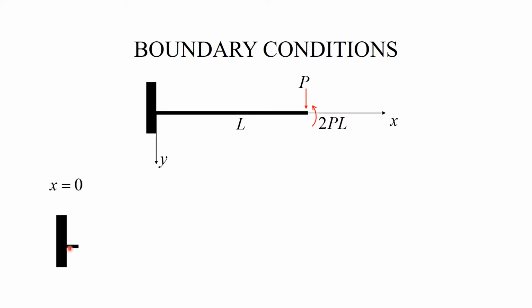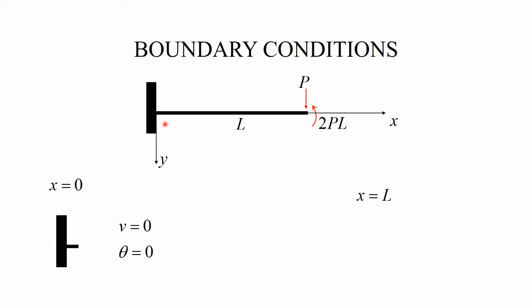In our case, it means that it constrains the deflection or the vertical displacement, and it constrains the angle theta by which the beam may rotate. Now, I see two boundary conditions. It means I'm done with the wall. I don't need to spend any more time here, and therefore I'll proceed to the tip of the beam.